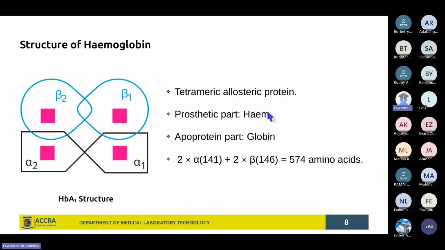Now, it means that you can actually take the structure of a protein and describe that primary structure to say this amino acid binds to this. So maybe you say phenylalanine binds to leucine, leucine binds to lysine, lysine binds to aspartic acid, the next asparagine, histidine, like that. You can count them and know the number of amino acids that are in a protein molecule.